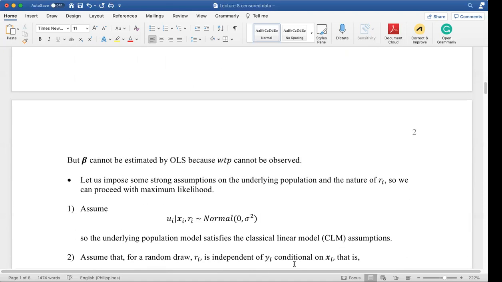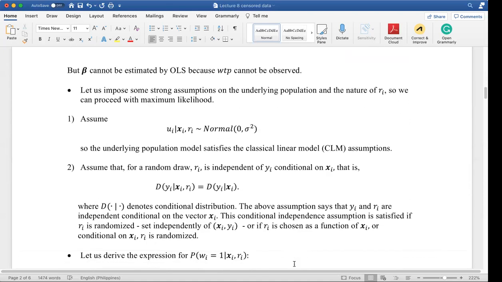So let us impose some strong assumptions on the underlying population and the nature of r sub i, so we can proceed with maximum likelihood.